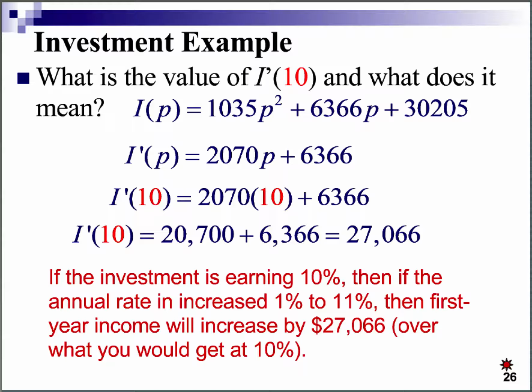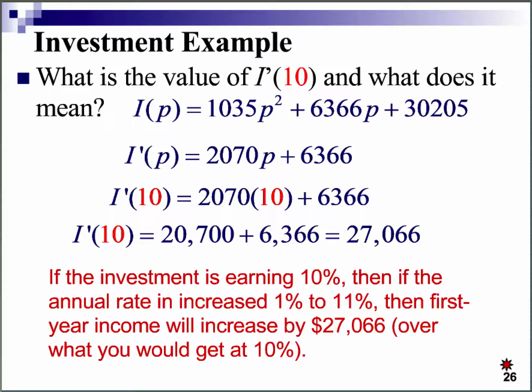So keep in mind, the $27,000 here is not the first year income. It's the amount of additional first year income we can achieve from eking out another 1% in the annual rate of return. Also, keep in mind that this number does not tell us how much income we actually have. If we wanted to know how much income we were getting, we would use the original income function.